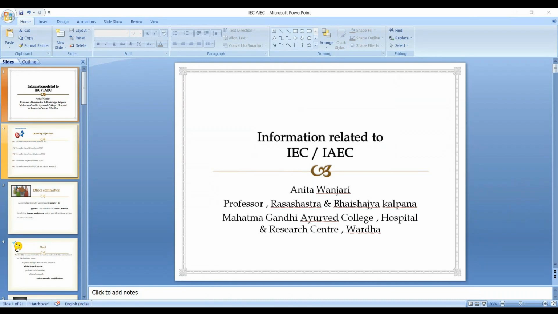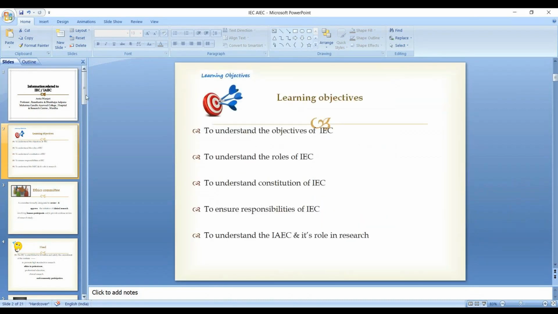Ma'am, the slide is not moving. Now it is the first slide only. Okay. Has the learning objectives slide come up? No ma'am, not yet, only the first slide is there. Yes ma'am, now it is moving.